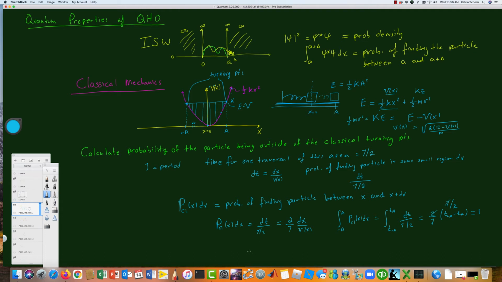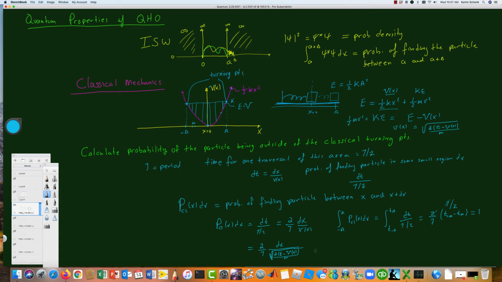So here, my P classical now, and we already know it's normalized, is 2 over tau, and then dx over v, which is the square root of 2 times E minus the potential energy function over m. Sorry about the banging, that's the electricians. m is in the square root. Sorry, it's not clear, but m is in the square root. I'm just going to mush this around a little bit to make it a little better.